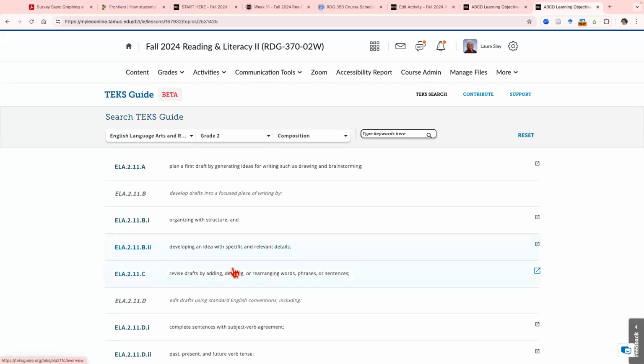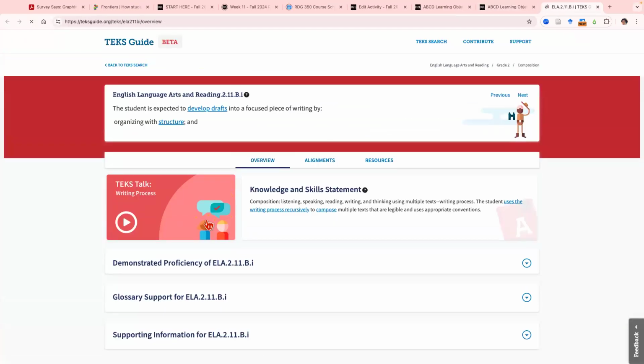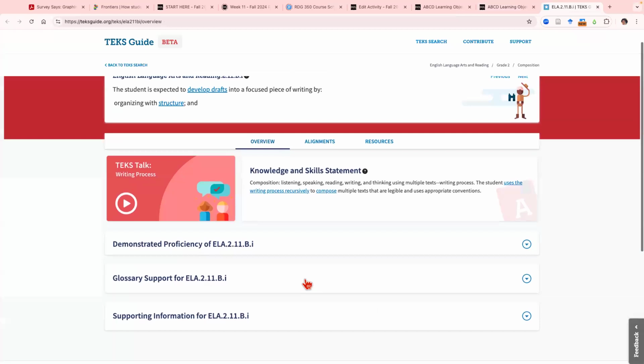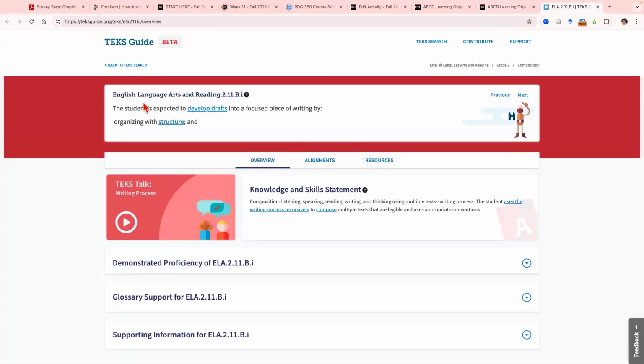Oh, one more thing. I'm so sorry, I forgot to show you. I want to remind you that you click on the TEK, you learn a lot more about it, because they're not so simple as what you just see, but what they have done is isolate key terms. And here is the larger TEK. You can read all of the writing. So this is what you would type to put down the whole TEK. Here's the number.